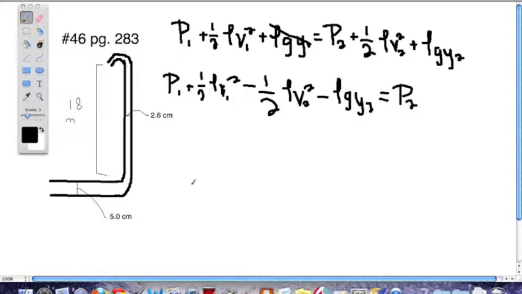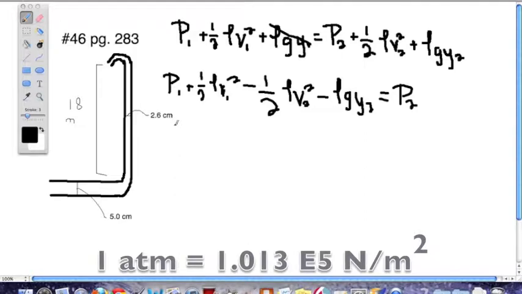So the pressure in the first part of the pipe is 3.8 atm, which we have to convert to Newtons per meter squared.